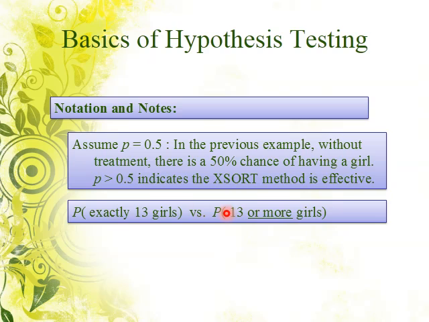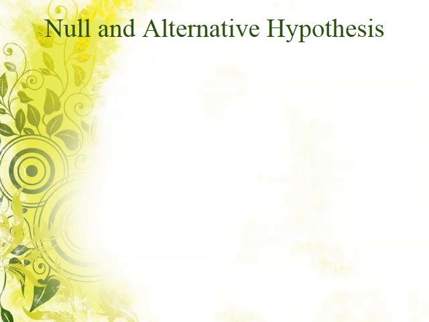Because that would indicate the probability was greater than 50%. So we're not going to be looking at these exact probabilities. We're going to be looking at what we call the probability of getting something more extreme than a number, so either greater than or less than a specific value.